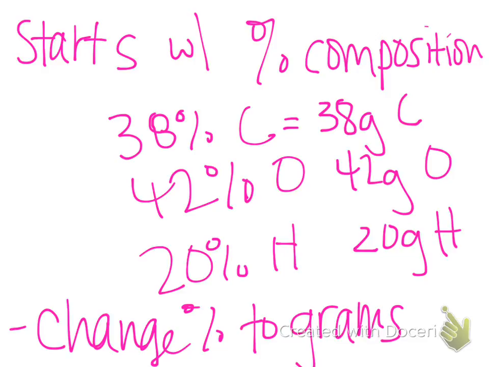So we start with a percent, and then we just convert right to grams. Remember, this is made up, so this doesn't form anything real. I'll start with a real example in a second, but that's just how we convert it. Does that make sense? All right, good.